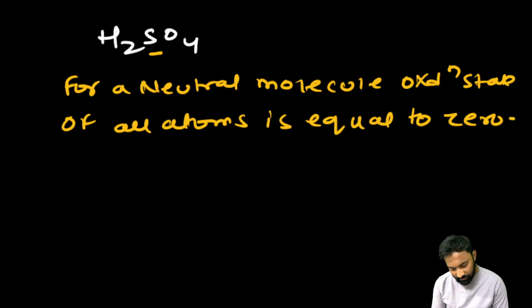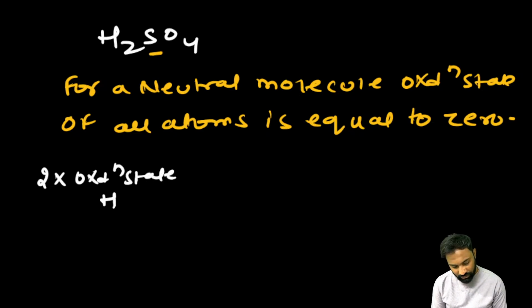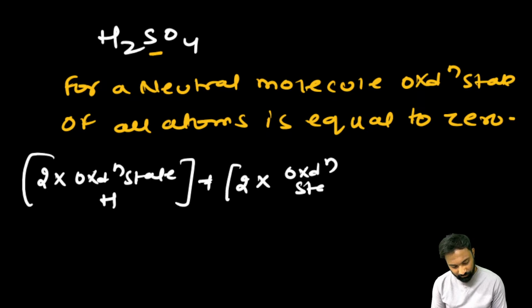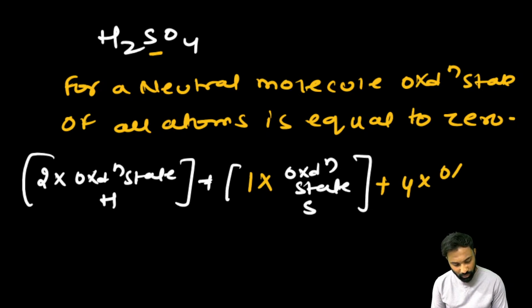Now we'll see how to calculate. Here 2 into the oxidation state of hydrogen, because 2 hydrogens we are having, plus 1 into the oxidation state of sulfur, because only one sulfur we are having, plus 4 into the oxidation state of oxygen equals 0.